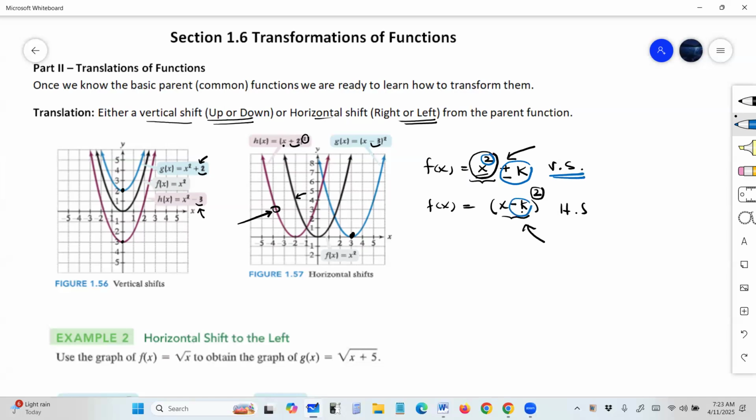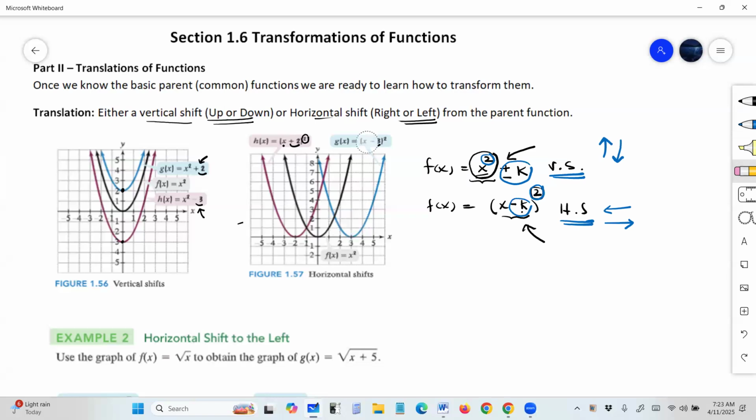If k is affected by the function, which in this case is the square, it's a horizontal shift. On the vertical shift, if it's plus, it's a shift up from the standard position, and if it's negative, it's a shift down. For the horizontal, if it is plus, it's a shift to the left, and if it is minus, it's a shift to the right. Hopefully that's clear.